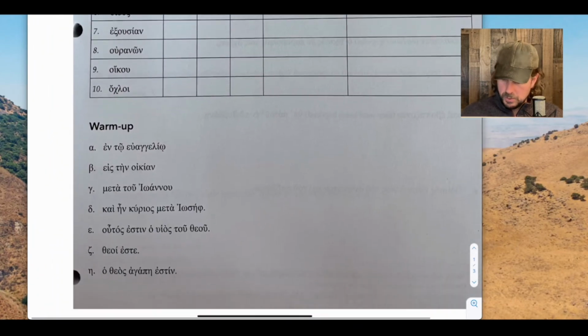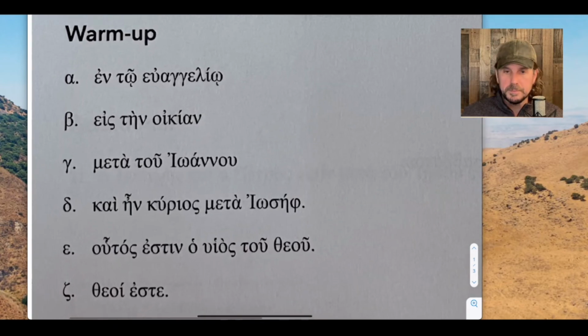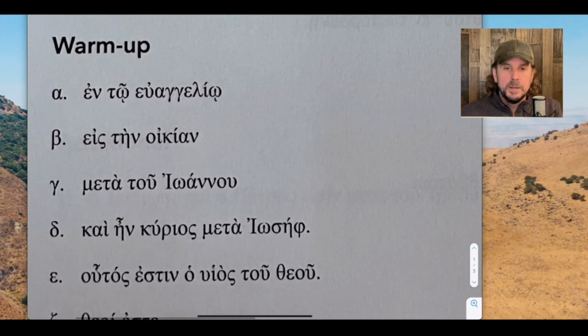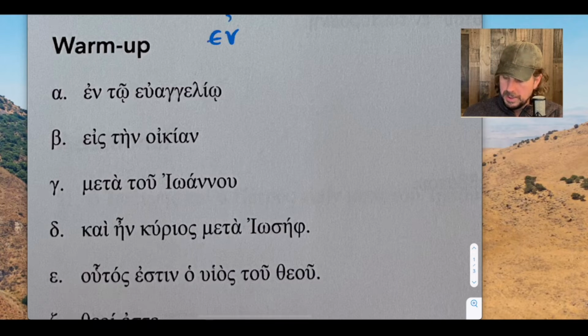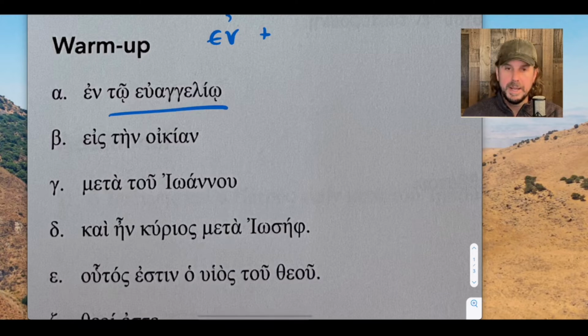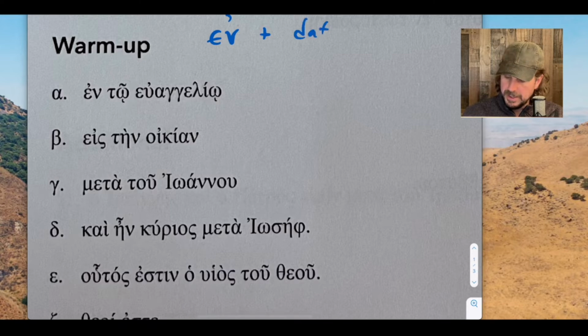Okay, let's go to warm-up number alpha. We have en to euangelio. En to euangelio. So en plus a dative is a prepositional phrase. Just like with hemera up above, we have omega with the iota subscript.